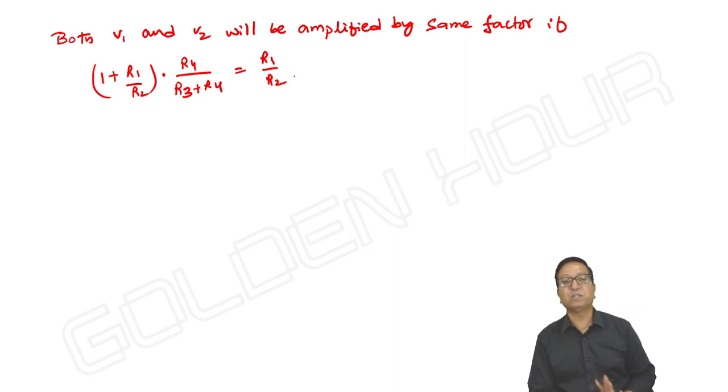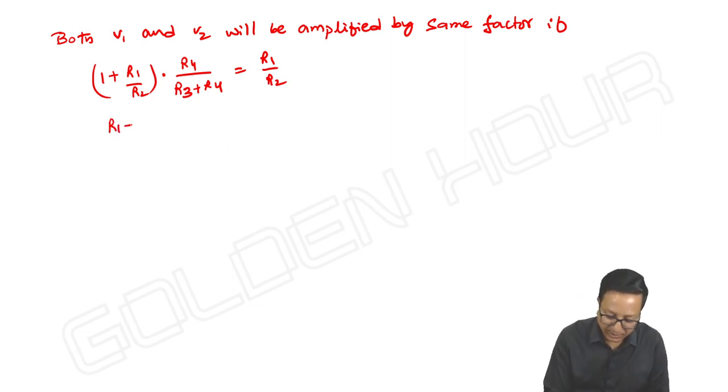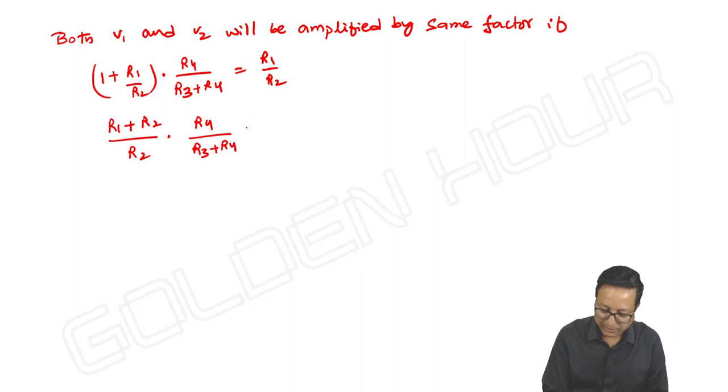The gains should be same. And it is further written like R1 plus R2 by R2 multiplied with R4 by R3 plus R4 is equal to R1 by R2.